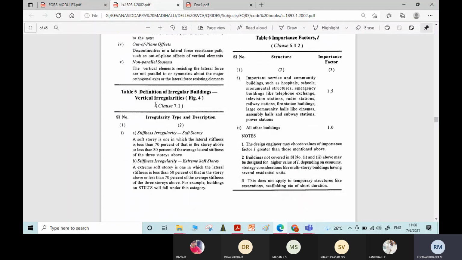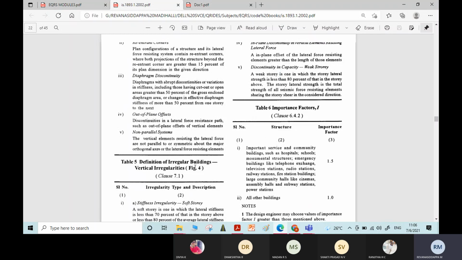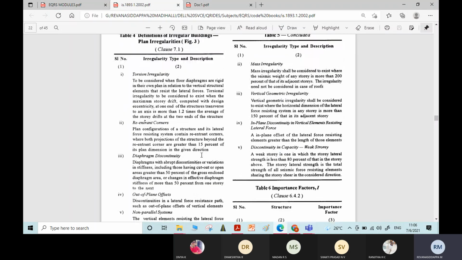And these vertical irregularities are discussed with respect to the stiffness, mass, geometry, and plane of structural elements. In terms of all these parameters, the vertical irregularities are discussed.